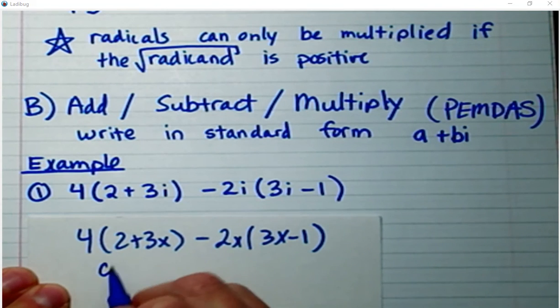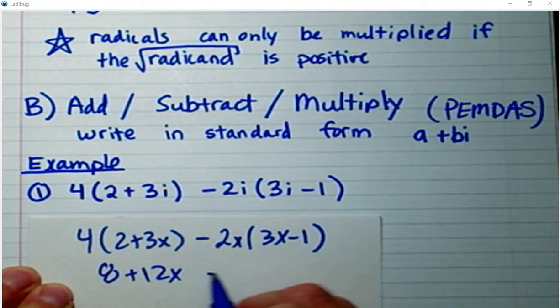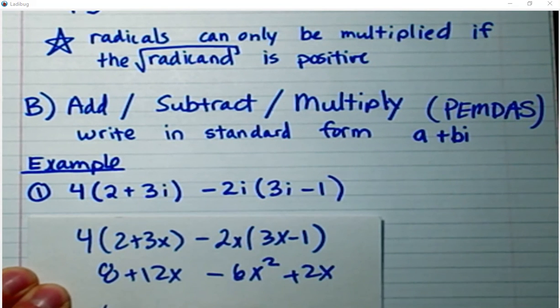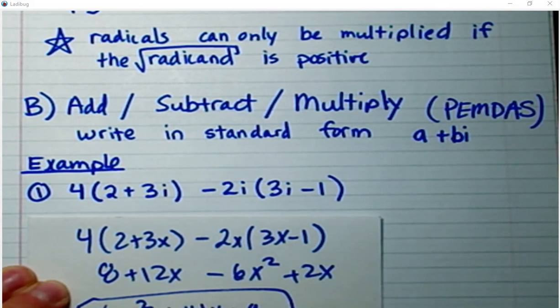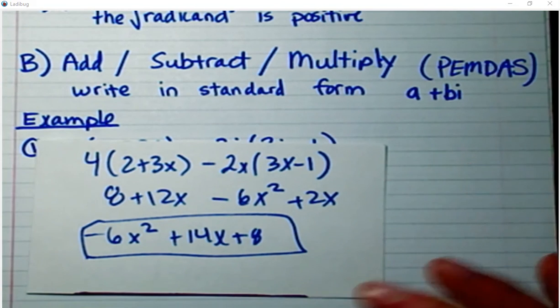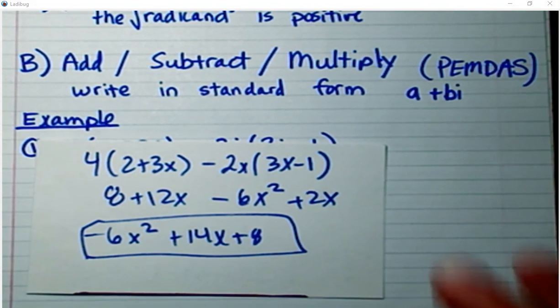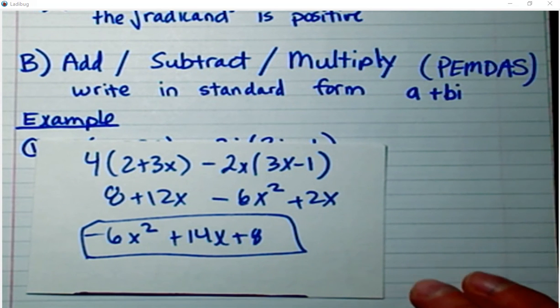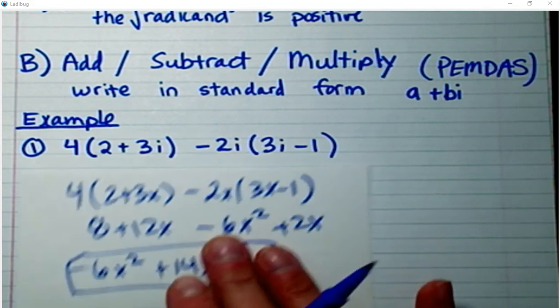Okay. So 8 plus 12x minus 6x squared plus 2x. Hold on, I'm almost there. Plus 14x plus 8. The only difference is that x is an i. That is the only difference. Okay, so same rules apply. Distribute, combine the same parts.